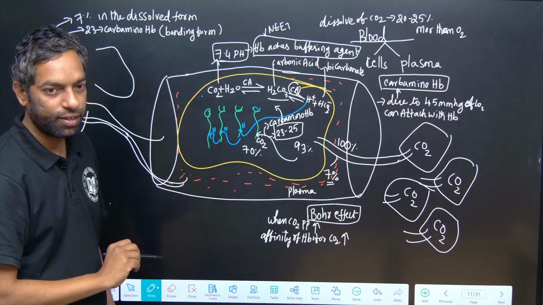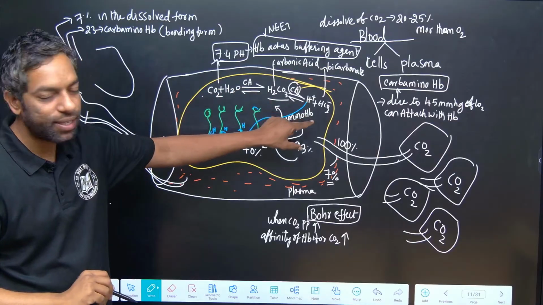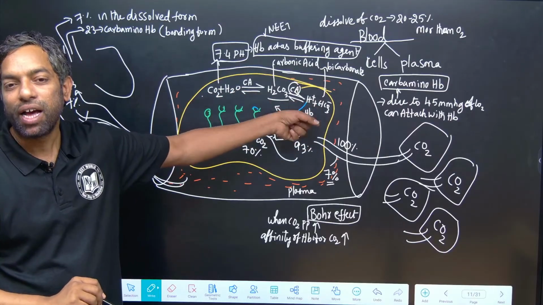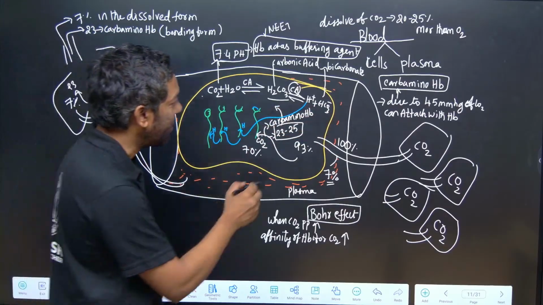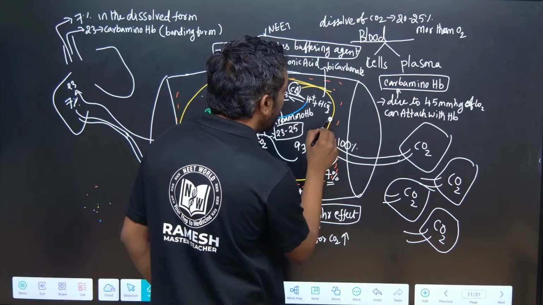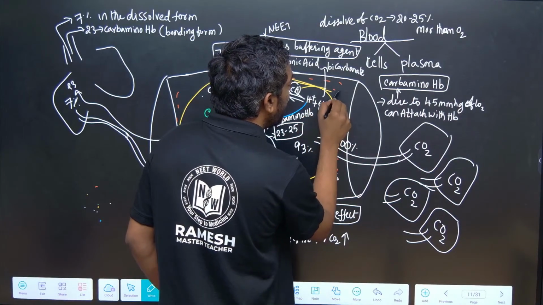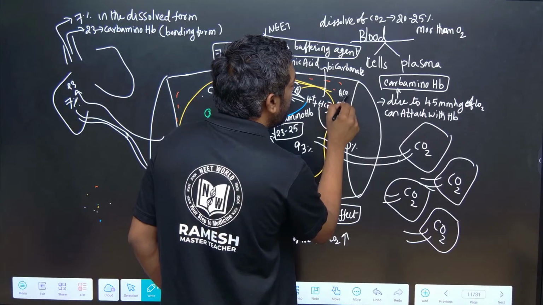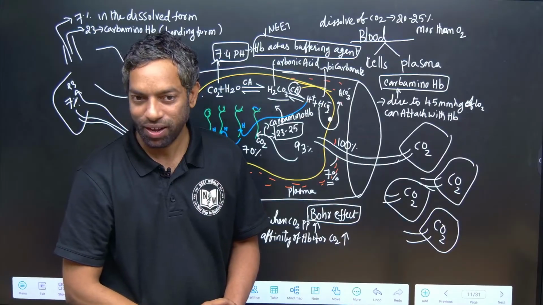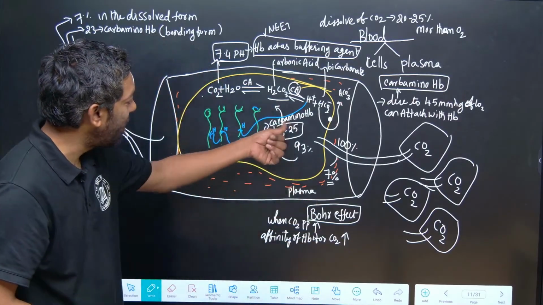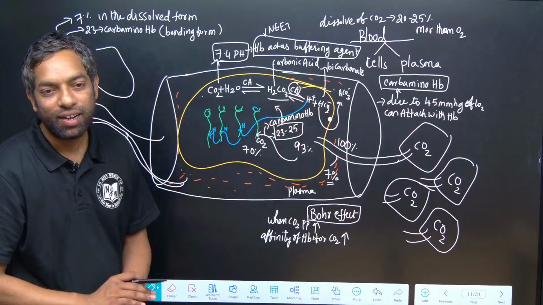In this condition, there is a protein which helps the bicarbonate ion enter into the plasma. Got it? The hydrogen ion attaches to the tail part, and the bicarbonate ion enters into the plasma.